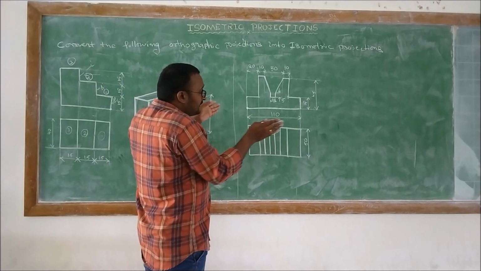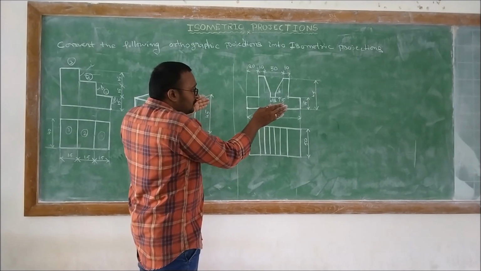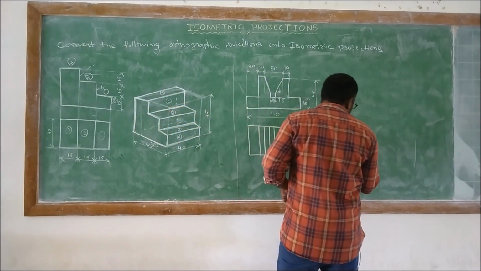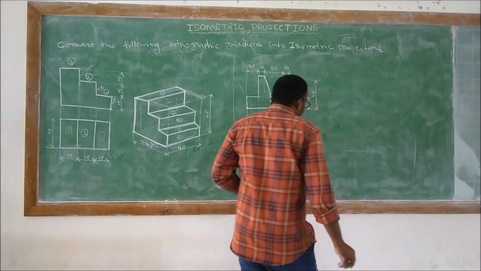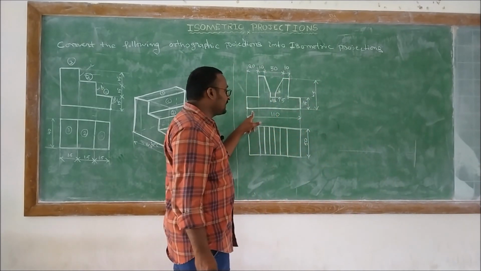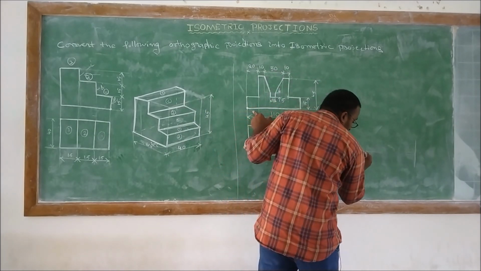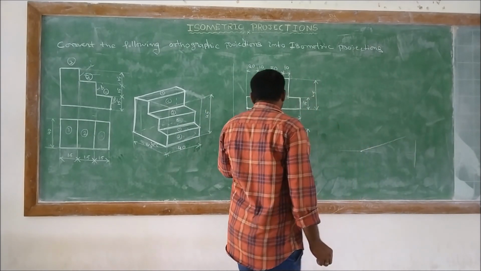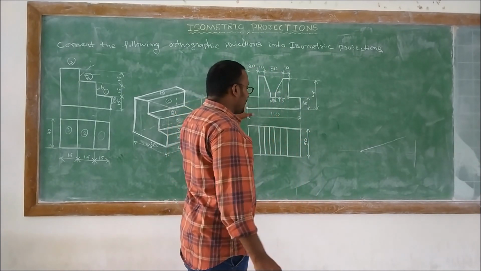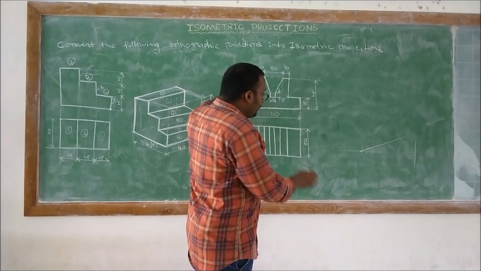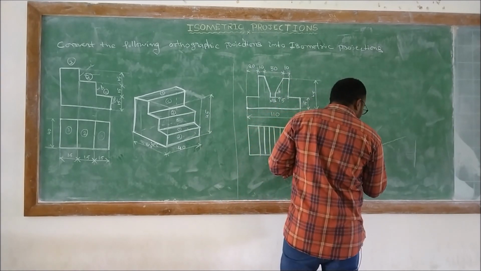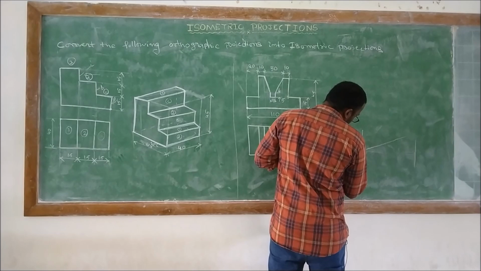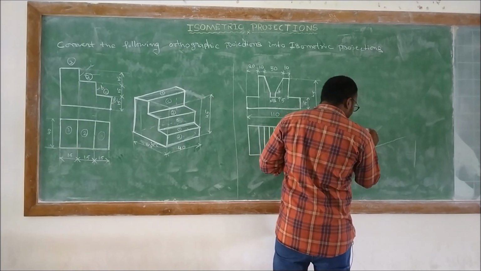We are going to tilt that portion towards the left side, right? So initially we should start with the horizontal line. The horizontal line is about 110 mm. Then the height will be 45, and then the width will be 50.